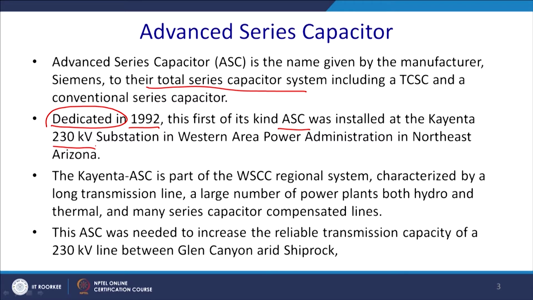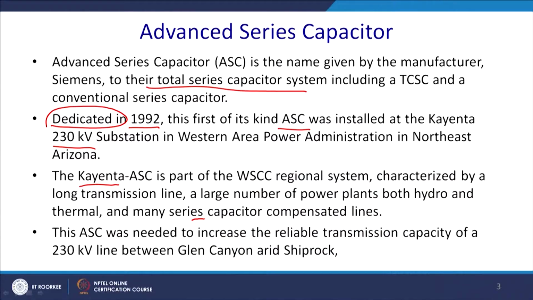The advanced series capacitor is part of the WSCC regional system, which is characterized by long transmission lines, a large number of power plants, both hydro and thermal, and many series compensators placed in those lines.